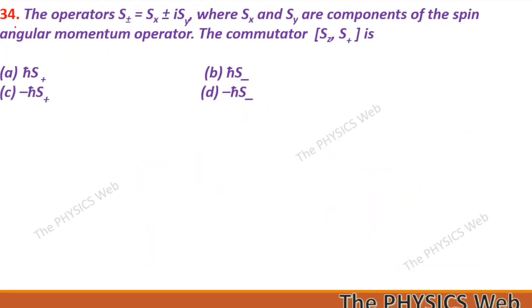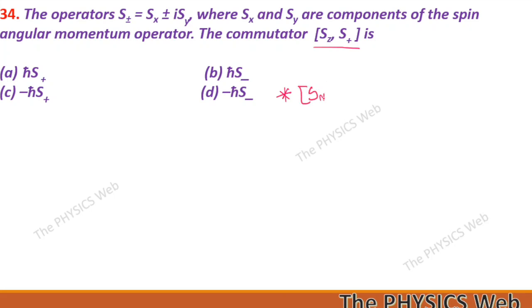Next, question number 34. The operator S± equals Sx ± iSy, where Sx and Sy are components of the spin angular momentum operator. The commutator of Sz with the S+ operator is. Okay, so you should remember this spin operator also gives the same commutator results as angular momentum.